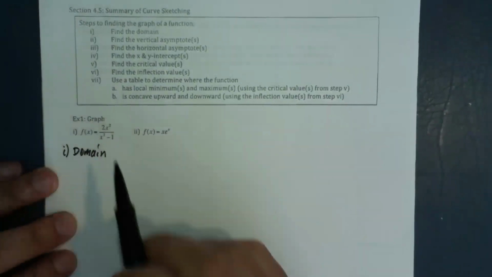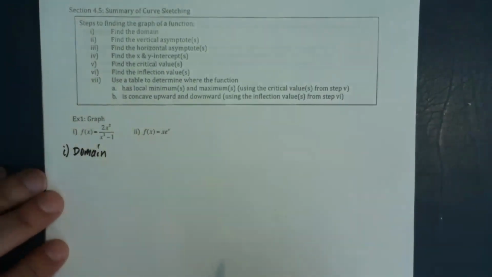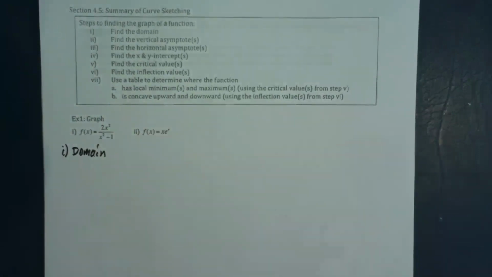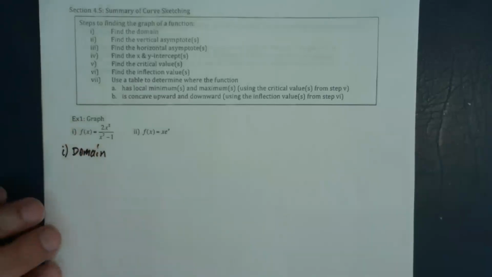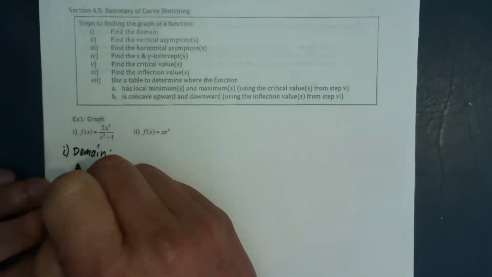So we're doing this function here. The domain, basically, we just have to make sure that we are avoiding taking the square root of a negative, taking the logarithm of a negative or 0, and make sure that we're not dividing by 0. Those are the main 3 places we have to check. And in this case, we are in danger of potentially dividing by 0.